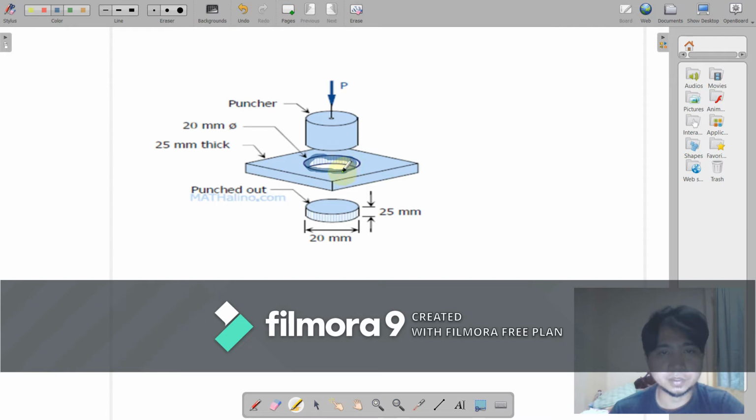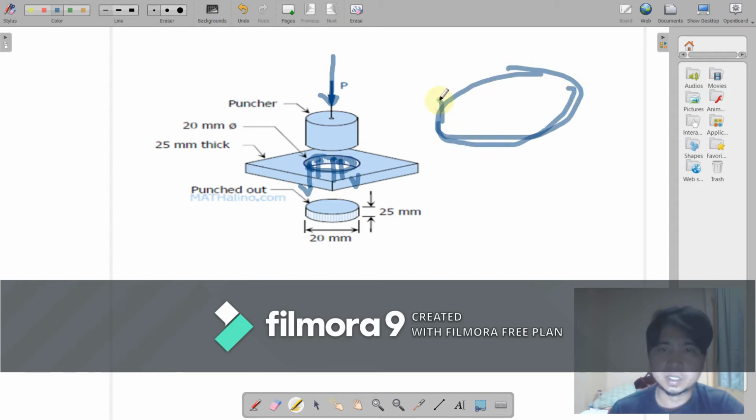If this P is applied here, there are shearing stresses all over the perimeter of the circle. So there is a series of V there. If this is the hole, there are shear forces V distributed all over the shear area. That is the principle.